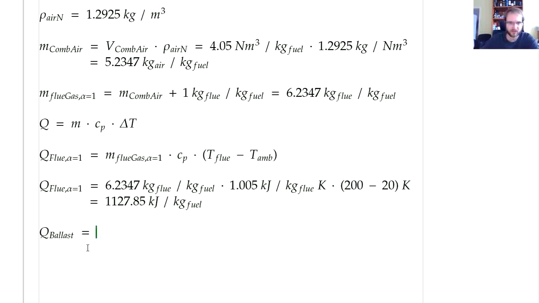And it will now be 1 minus alpha, because we already calculated that part of the heat.